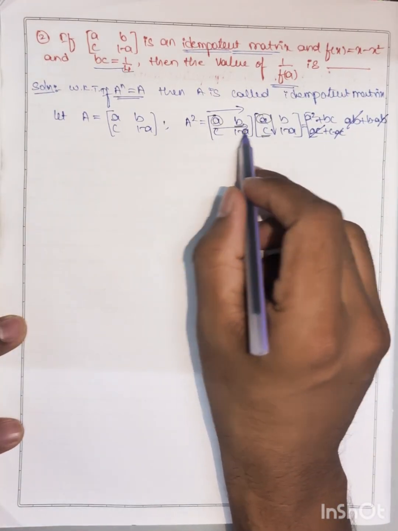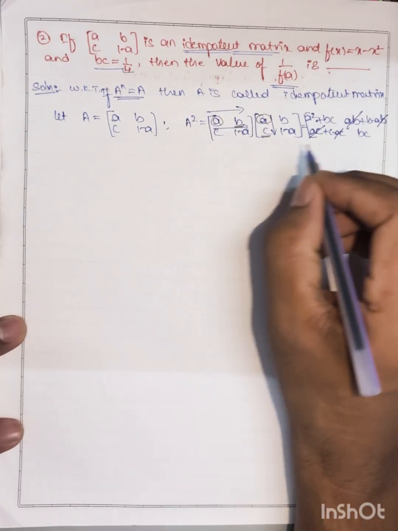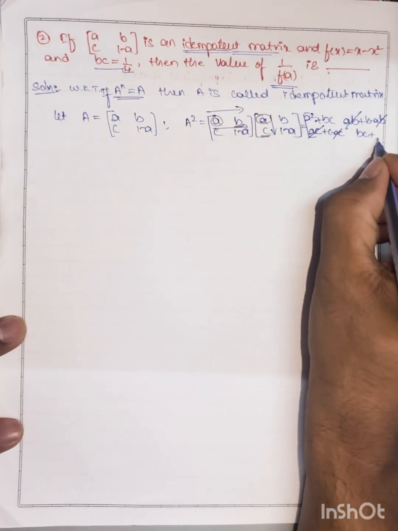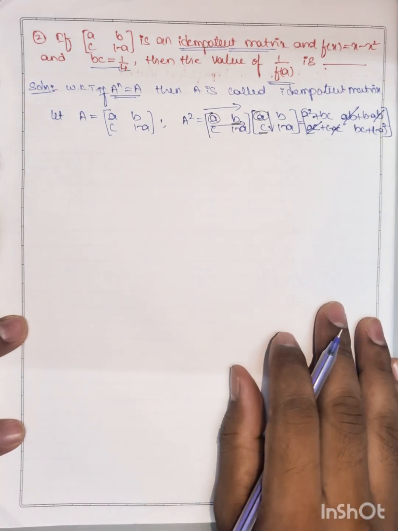Now we will multiply second row with second column. c into b is bc, plus (1 minus a) into (1 minus a), that is (1 minus a) the whole squared. Now let us continue in the next step.